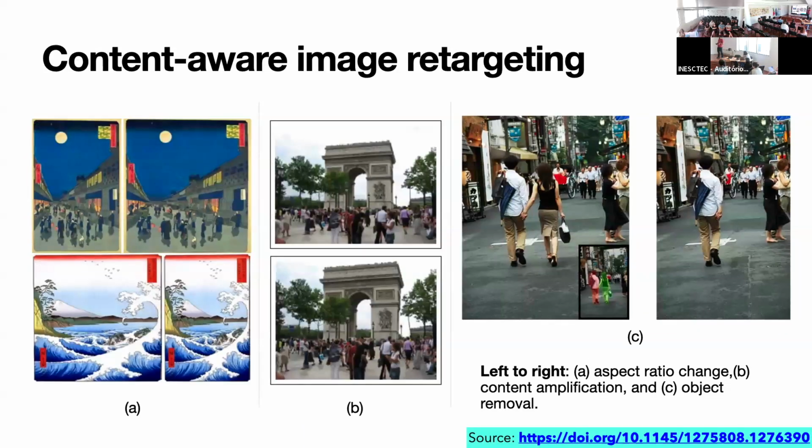We can also use that to enlarge images and increase them. We also have content amplification. We can use that by combining both, increasing and reducing the image, because you preserve the relevant content. And you can delete a few objects from the image.